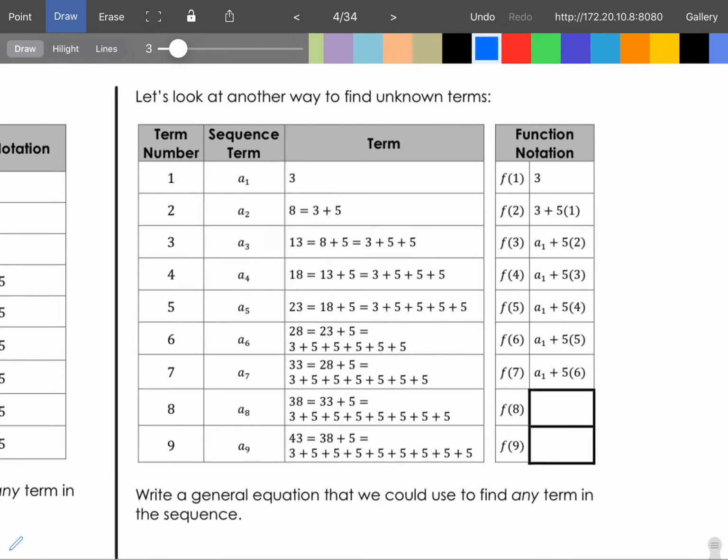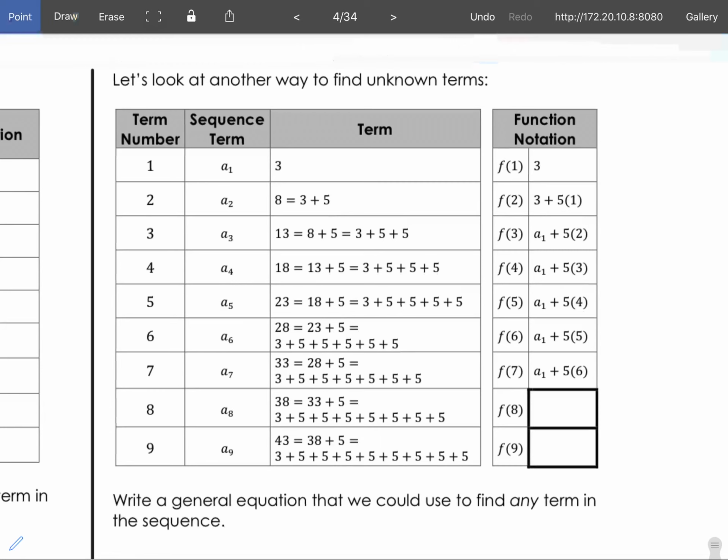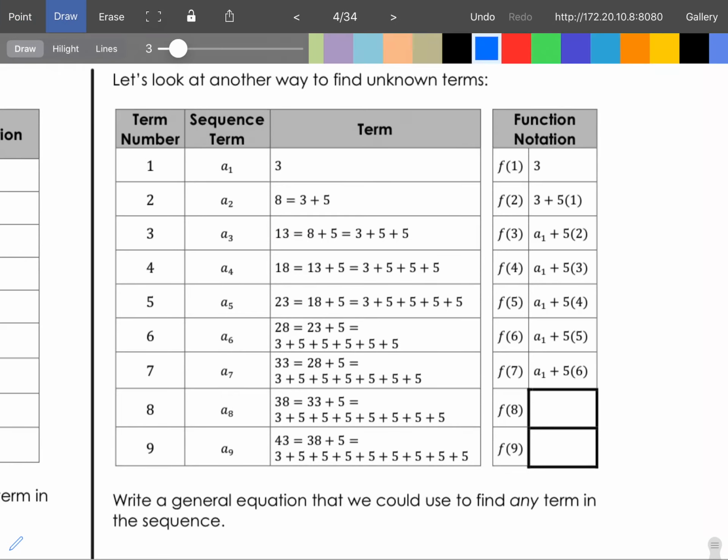So here we're going to look at another way to find some unknown terms. Now this is still the same sequence, okay? We're just going to point out what's going on here. So our first term was 3, and then we were adding 5, and that gave us 8. And then we had 8, and we added 5, and that gave us 13. But notice this.